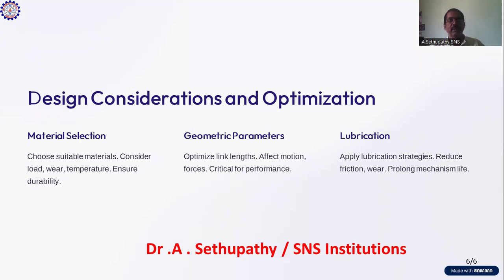These are the geometrical parameters to select before designing the components. And lubrication is very important. It reduces the friction force between the two surfaces. Apply lubrication strategies to reduce friction and wear and prolong the life of the mechanism. These are the design considerations and optimization of the slider crank mechanism.